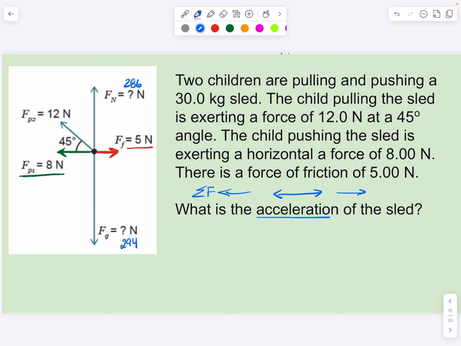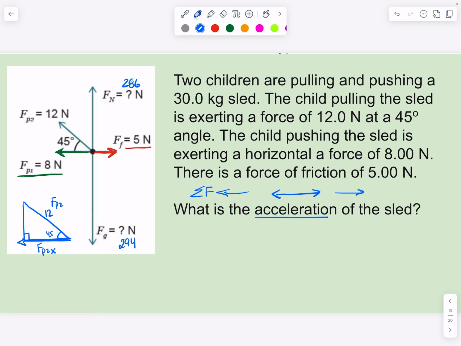And so once again, let me draw my diagonal one separately so we can pull it apart. And here's my 45 degrees. We know that's 12. For my FP2 person, I have an FP2 in the x direction. I need to also include this value right there because that's one more vector in the horizontal direction that I need to include to find the net pull in the leftward direction.